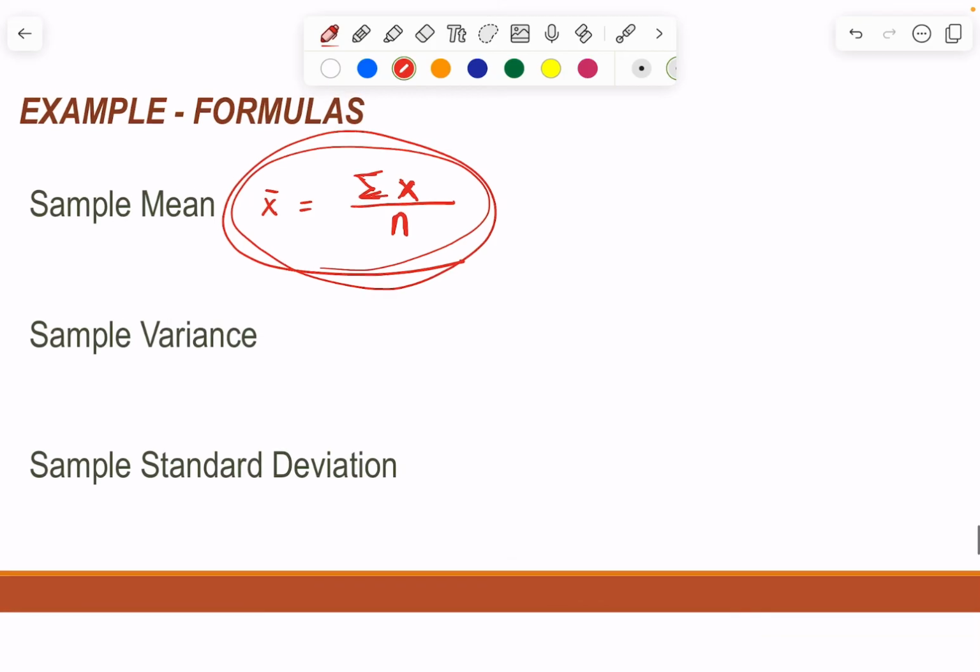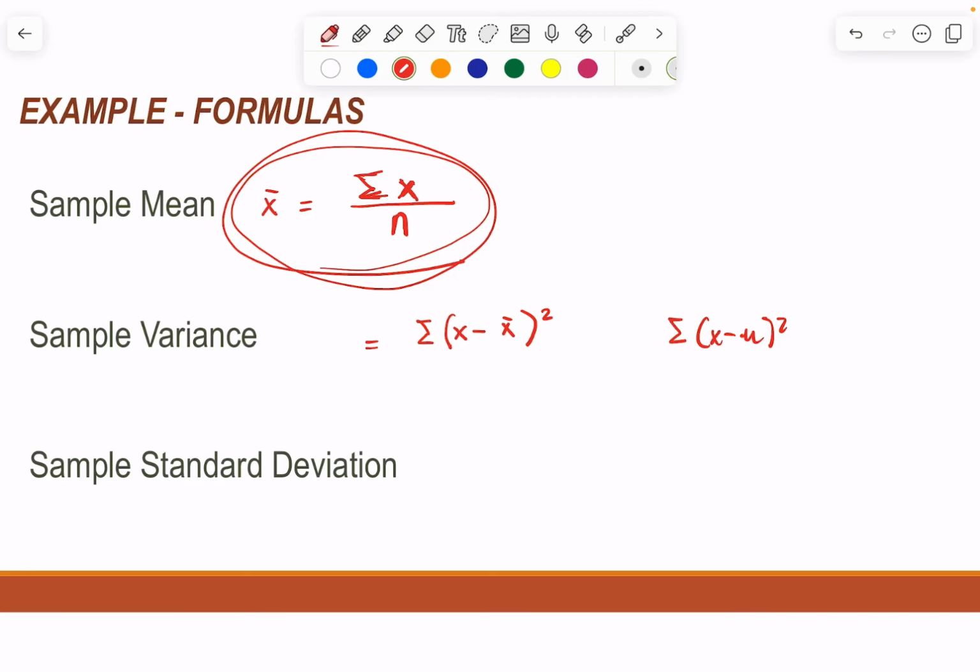Next is for our sample variance. Have you remembered the formula for your variance before? So, ang formula ato diba is summation of the quantity of x minus your mean raised to the power of 2 or squared. So, previously, ang imuhang formula adto kay x minus mu squared.